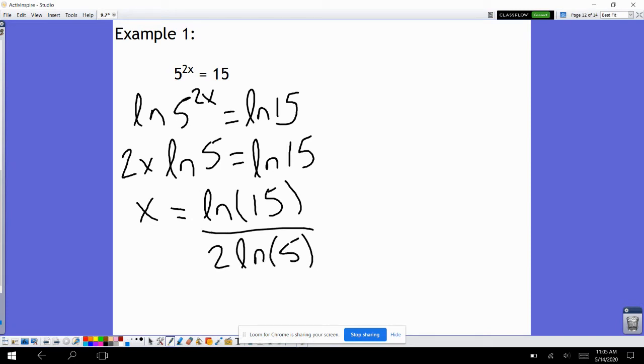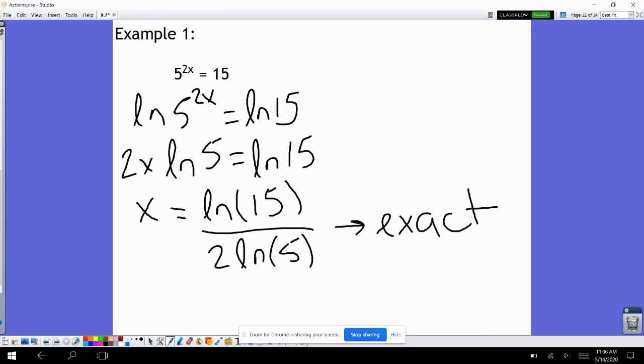Often when you're solving these equations, you are going to see your numbers in parentheses, just so it's easier to distinguish what you're taking the natural logarithm of. So x equals the natural log of 15 over 2 times the natural log of 5. If you are asked for an exact answer, this is your exact answer.